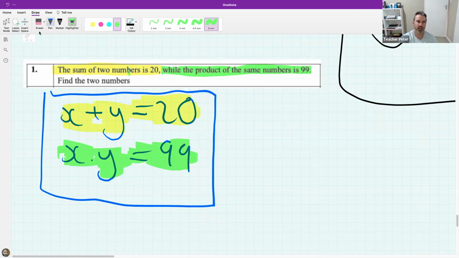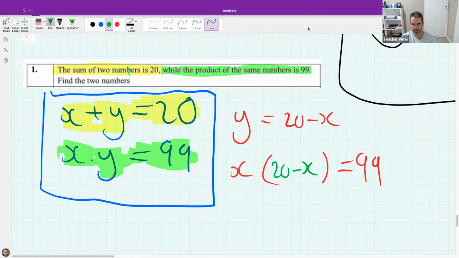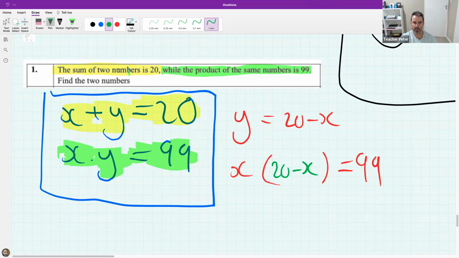So what answers do we get here? What should we do, x or y? I'm going to do y because it's the more common one. So I would get 20 minus x, and then I would rewrite that equation like that, and that would eliminate the y.